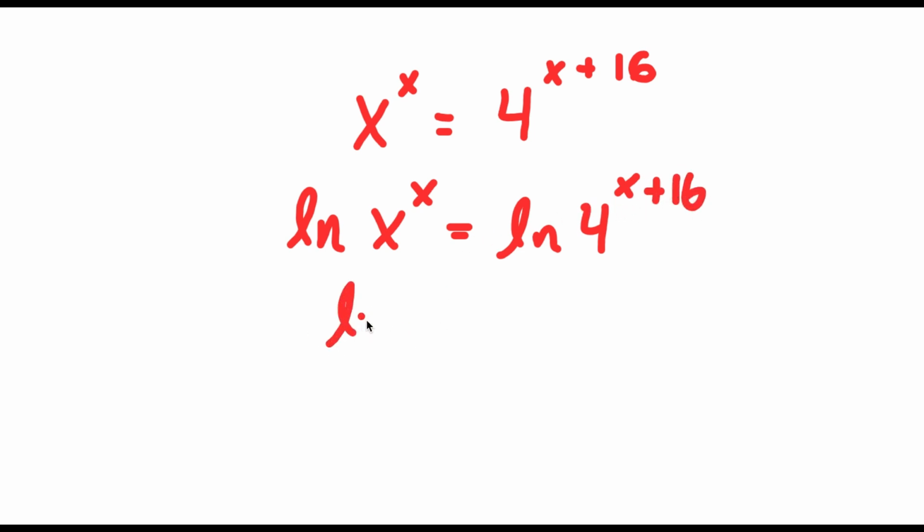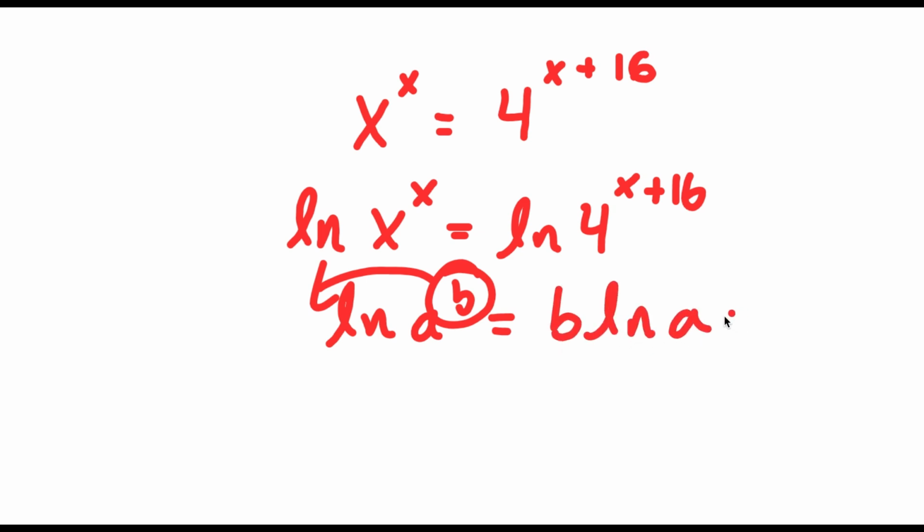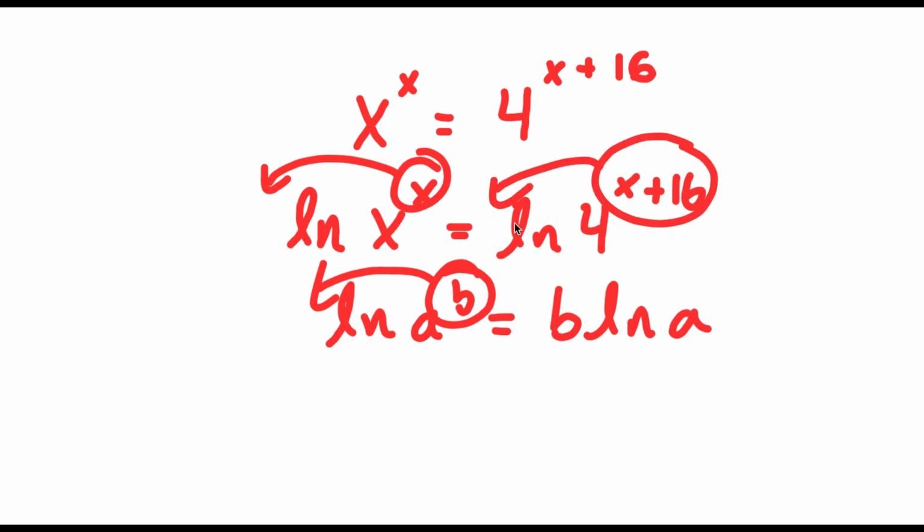Now, if I have something in the form ln a to the power of b, I can move this exponent b to the front. So now I have b times ln a. So in this case, I have ln x to the power of x, and I can move x to the front. And for here, ln 4 to the power of x plus 16, I can move x plus 16 to the front.